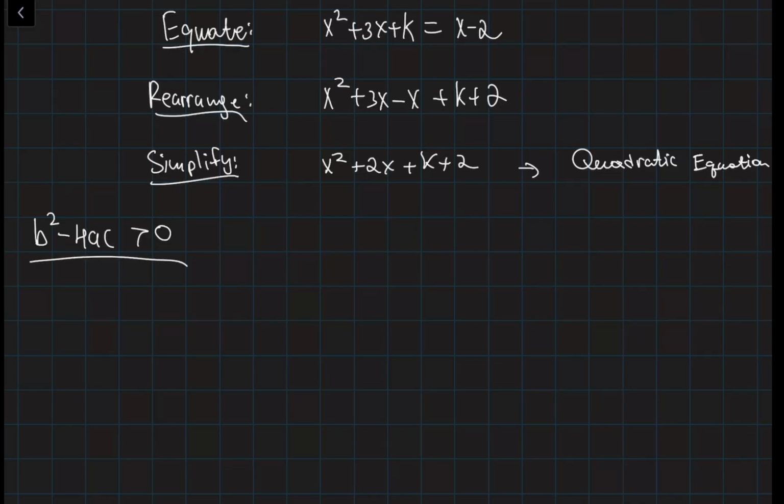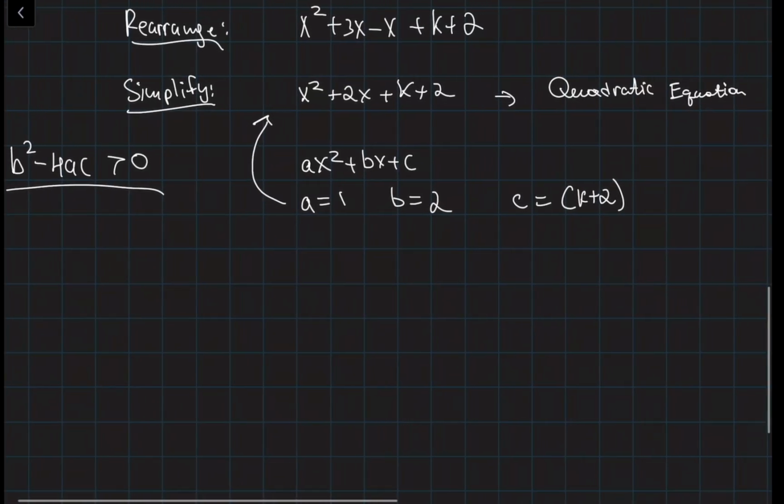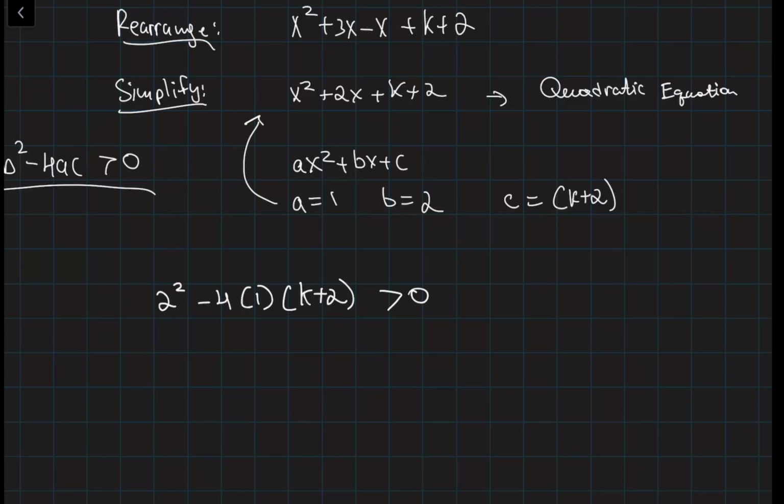It is in the format ax squared plus bx plus c, where a is 1, b is 2, and c is k plus 2. Let's plug in values: 2 squared minus 4 times 1 times (k plus 2) is more than 0.